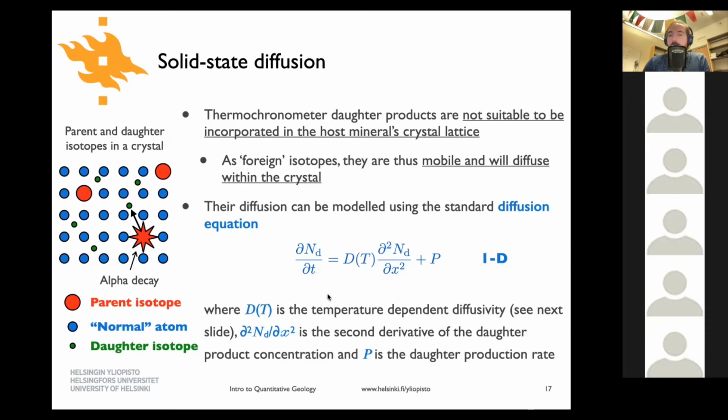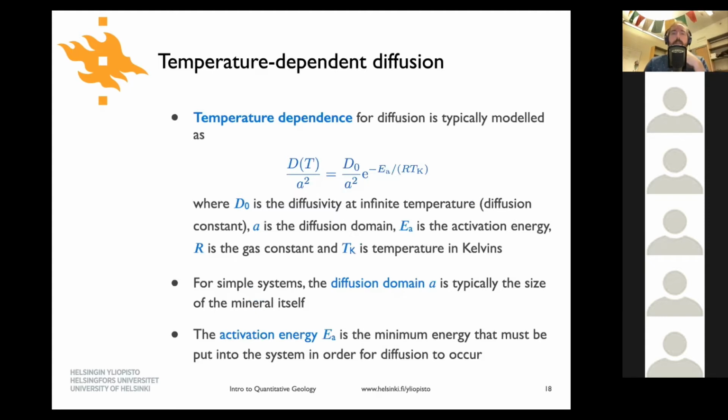One other difference here is that you can see D of T. This is our diffusivity, but it's temperature dependent. This is something we need to consider as well. It's not a constant; the rate of diffusion is not the same irrespective of temperature, but rather temperature will affect the rate of diffusion of these daughter isotopes inside the crystal.